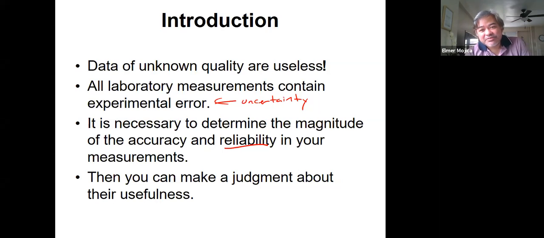The answer is no, because you're just wasting your time. So if it's not reliable, why do it? The next thing that you're going to do is find another test or another experiment that is more reliable. And then once you have that, you can make a judgment about their usefulness.